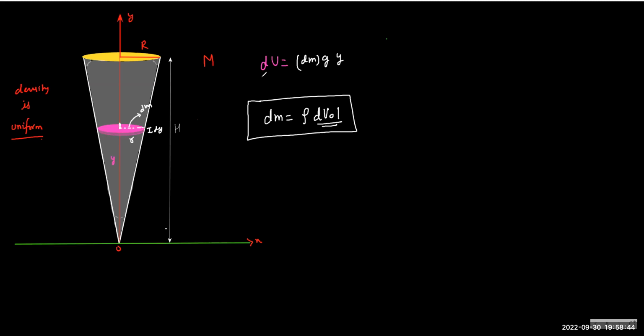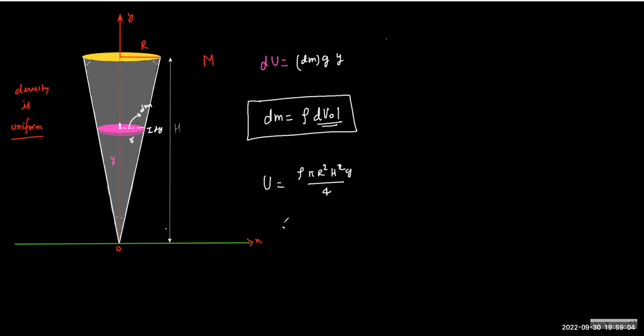Sir, I got the potential energy. Yes, so tell me the answer. Rho pi r square h square g by 4. Yes, sir.